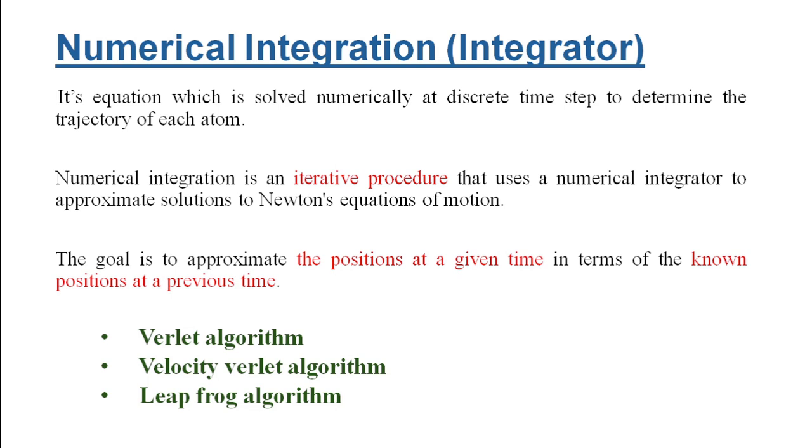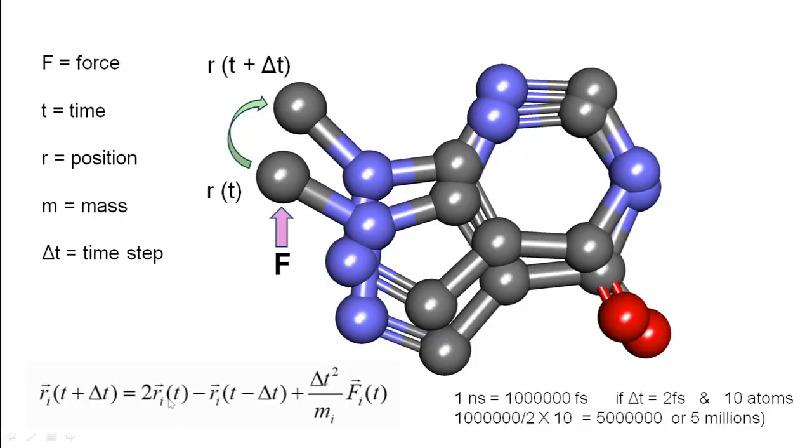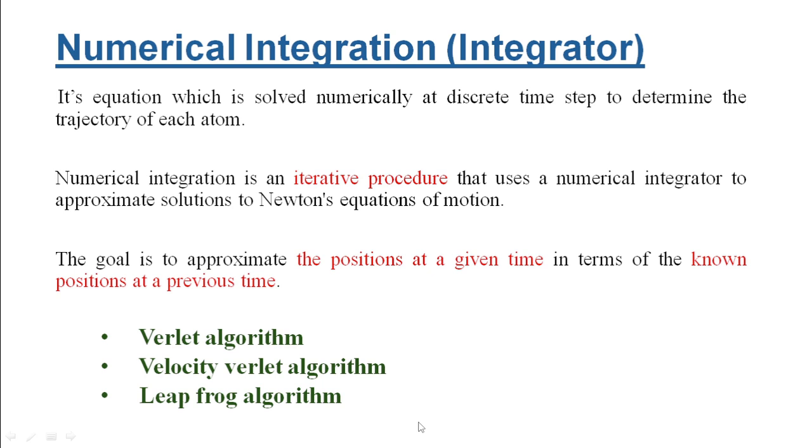These are different equations, modifications of the previous equation, and this is for the Verlet algorithm. Some modifications are done in the velocity Verlet algorithm and leapfrog algorithm. These two algorithms are commonly used in GROMACS software. So when you are going to perform your molecular dynamics, you have to choose this kind of algorithm.